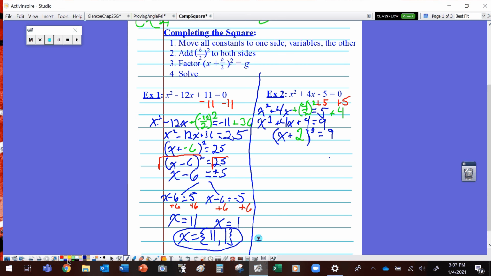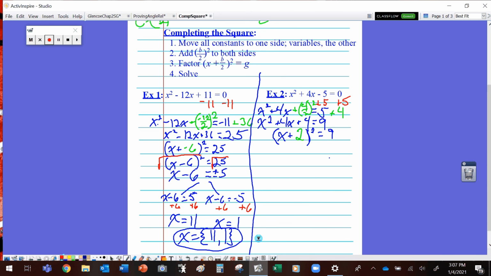So I have the quantity x plus 2 squared equals 9. Now, on the first one, I had x plus a negative 6. And we don't like to have plus and negative, so I changed it to x minus. But here, I don't have that problem. So I can get right to solving it.